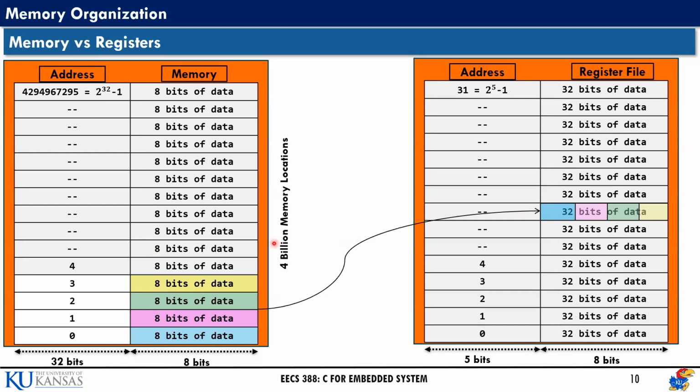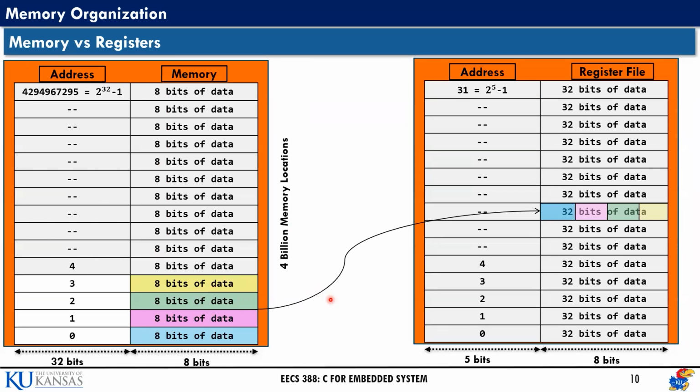And also, if we have 8 bits of memory, we have to deal with a huge address space that is 2 to the power 32 minus 1. So is there any way we can directly read the 32-bit memory at once, and fill the register with that 32 bits of memory?